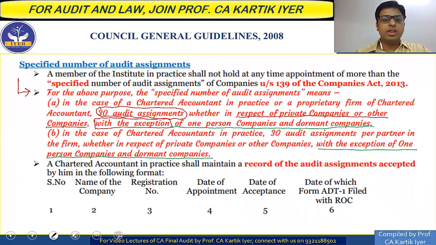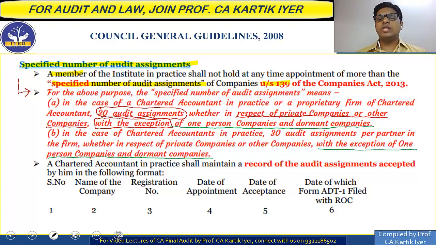Okay. Next, let's see this specified number of audit assignments. Now, this is something that you have to read along with the Companies Act also. I'm reading from the first line: a member of the institute in practice shall not hold at any time appointment of more than the specified number of audit assignments of companies under section 139 of the Companies Act 2013.